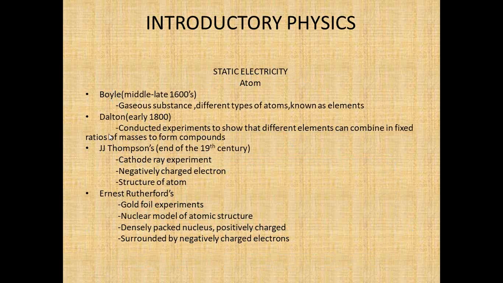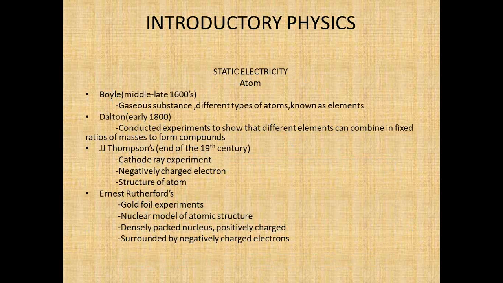And then J.J. Thomson, British physicist at the end of the 19th century, did some cathode ray experiments, and he came up with the negatively charged electron. The electrons are negatively charged, and he sort of brought light to the structure of the atom, to what we have come to know as the structure of the atom.